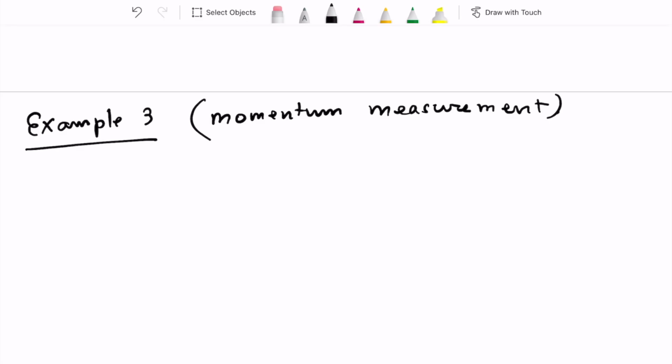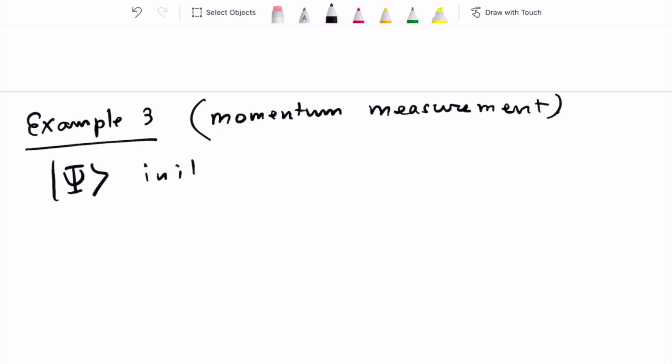The question we're asking is the following. We have a particle that's in an arbitrary state psi. Our question is, what is the probability that when we make a measurement, the momentum will lie between p and p plus dp.